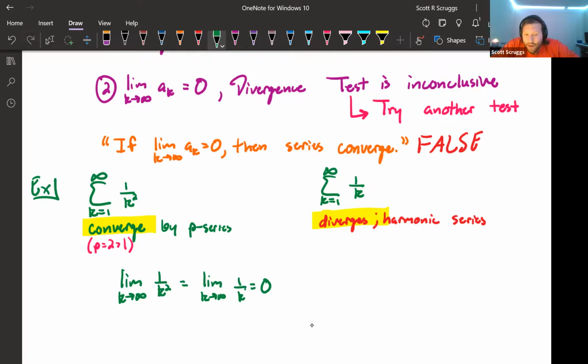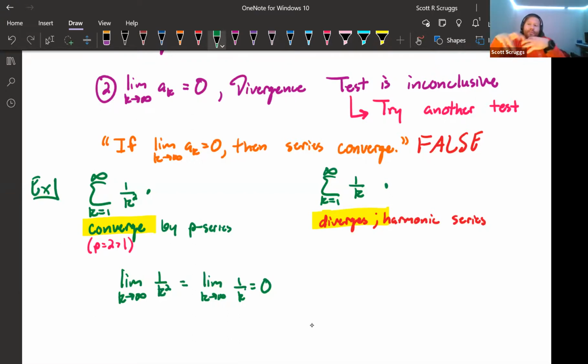The limit of the terms in my series for both of them goes to 0. But I have two different conclusions about the convergence and divergence of them. 1 over k squared is a convergent series. 1 over k is a divergent series.